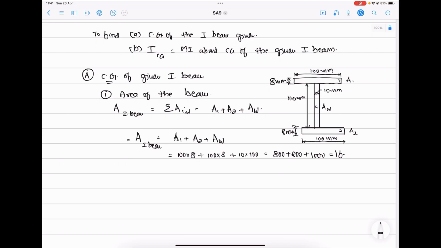That is 1600 square mm. This is the total area of the I-beam.